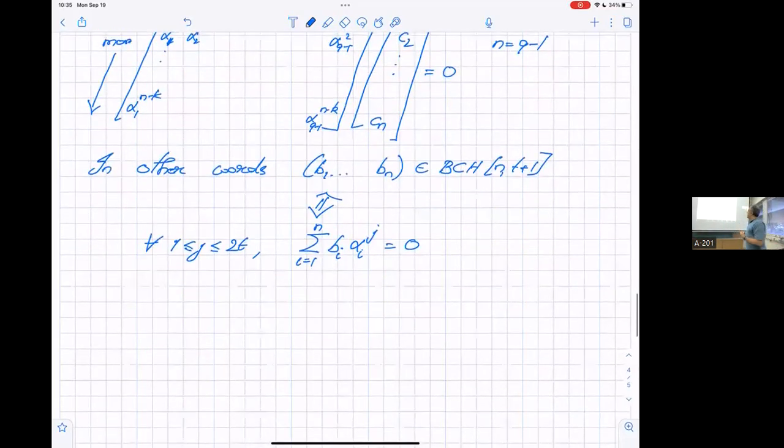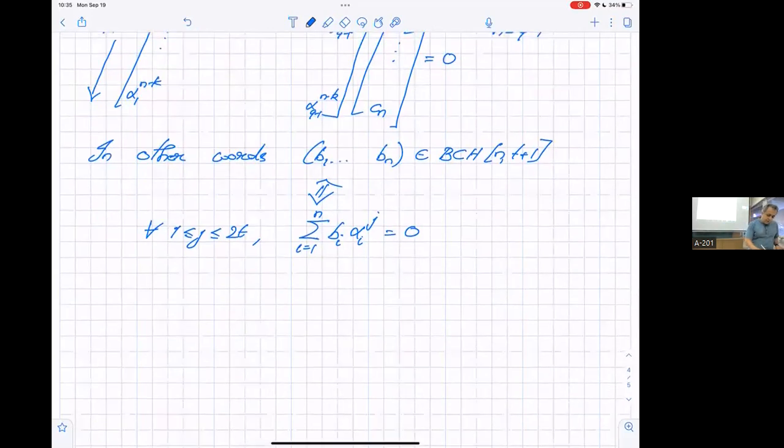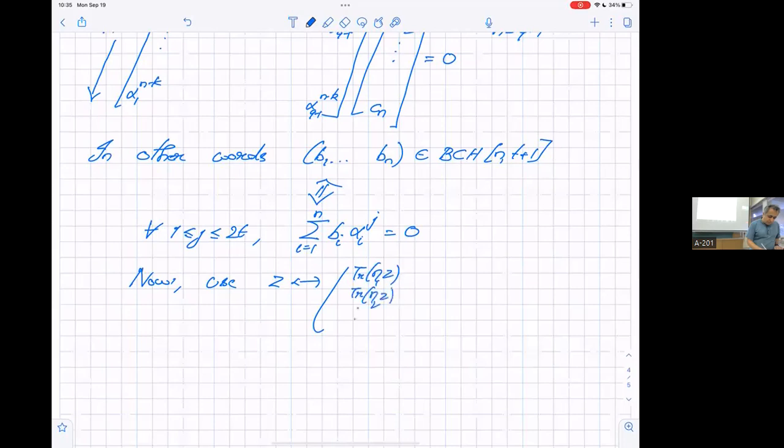And here is where we will use this map going from z to trace eta 1 z, trace eta 2 z, and so on. There's a reason why I'm going to write it in a column fashion. Eta r z, where eta 1, eta 2, eta r are F2 linear.